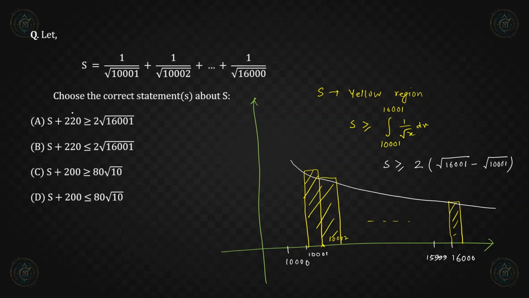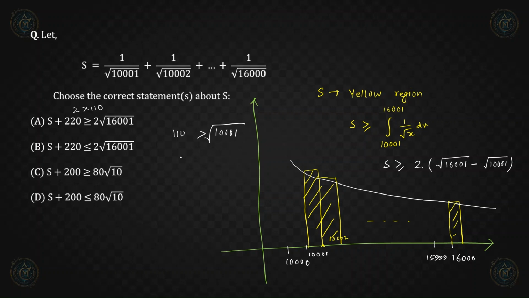How can we get this done? 220, we can get this when we have 2 times 110. Why did we need this 2 here? We needed this 2 for this thing. So then if we try to generate 110, we can say this 110 whole square is clearly greater than this 10,001, right? That means if we take square root both sides, this 110 is clearly greater than root 10,001, right?